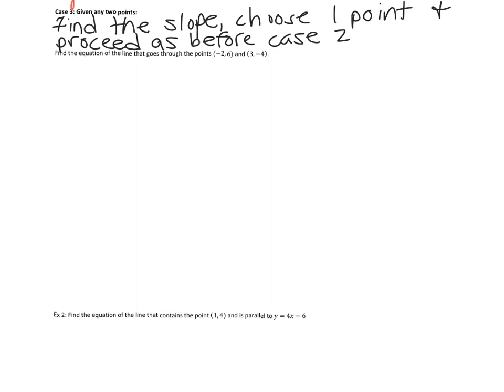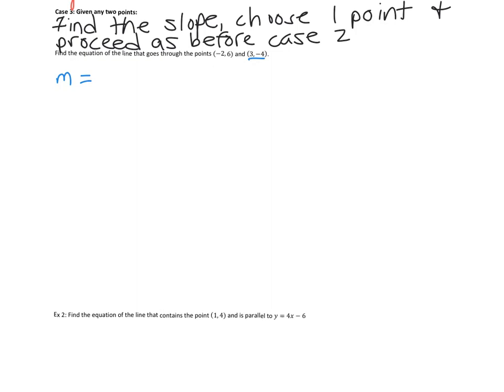So let's do that. And again, it doesn't matter if we start with (-2, 6) first or (3, -4) first. It just matters that it's consistent. So I will start with (3, -4) first.